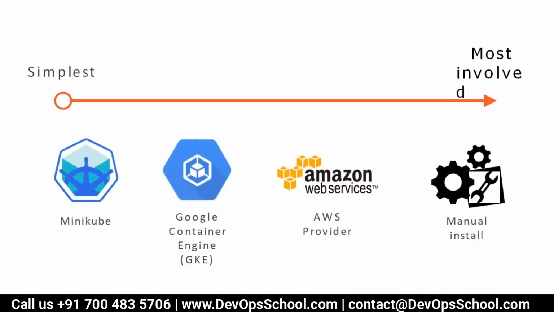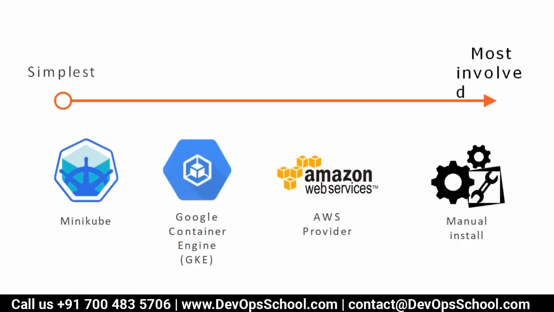Minikube is the simplest and smallest form of Kubernetes cluster, which you can get up and running on your desktop or laptop. Or you can go for GKE, or the ones AWS provides like EKS, KOPS, and manual installations with kubeadm. Again, from simplest to advanced, whichever way you like.